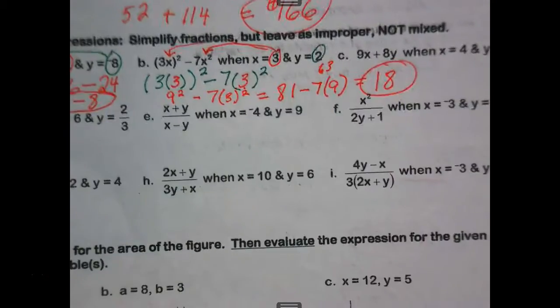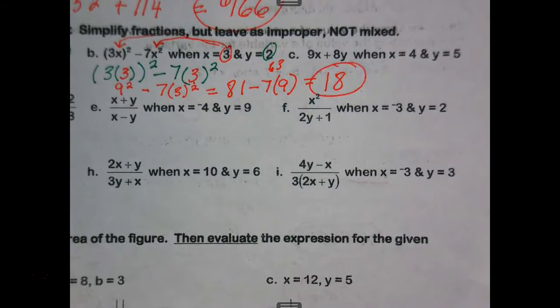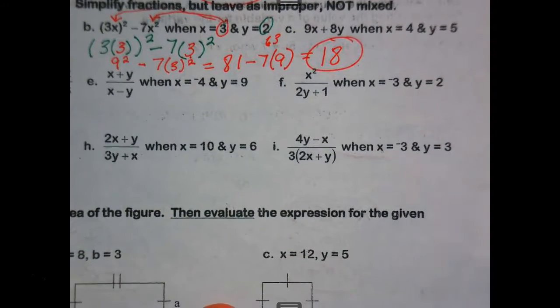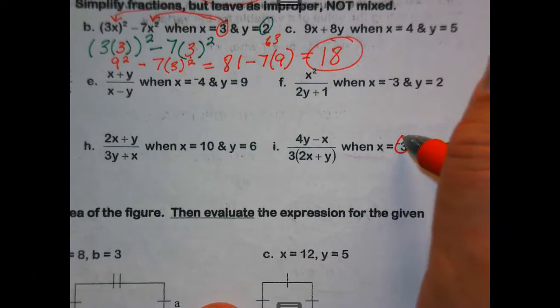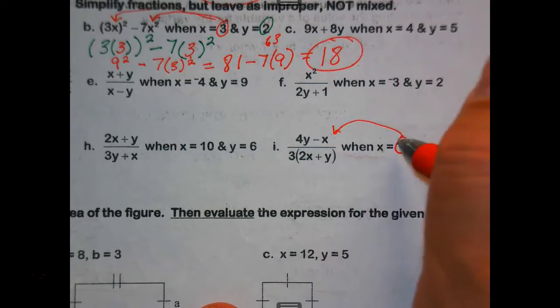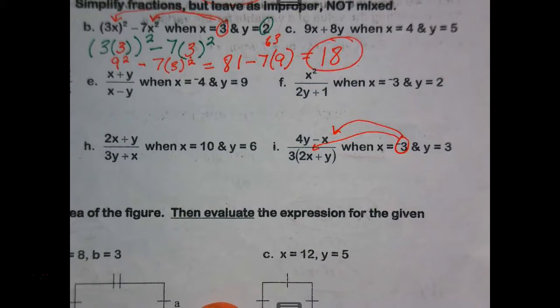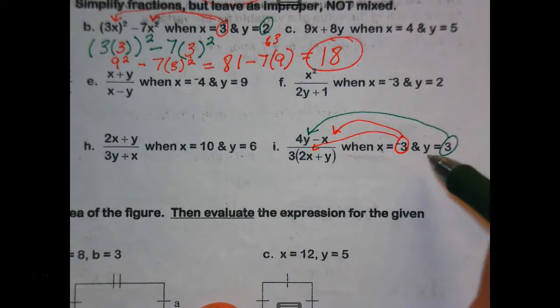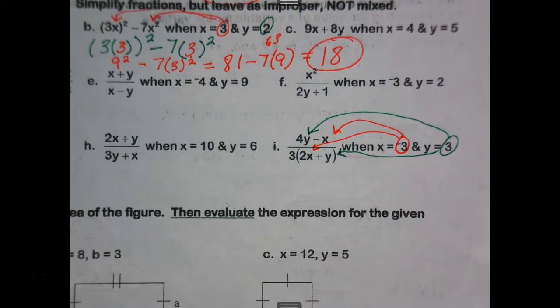Let's do one of these fraction ones, huh? Let's do I. X is negative 3. I'm going to plug it in where the x's are. And then y is 3. Here's a y, and here's a y.